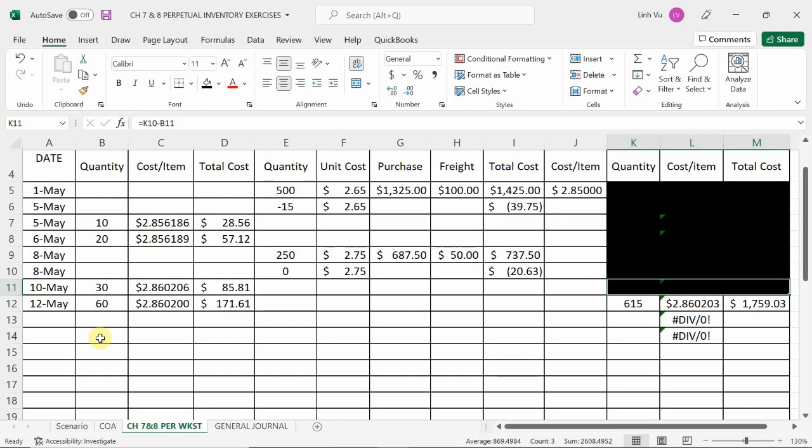Okay? Now, if I were to revert it back to, let's say back up here, before I made my purchase of inventory, each item cost me $2.85, as opposed to right now, they cost me $2.86.